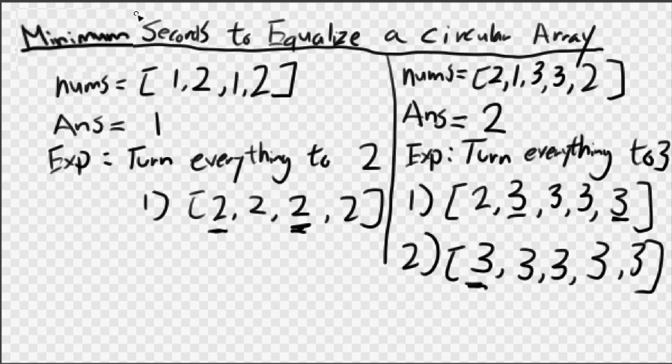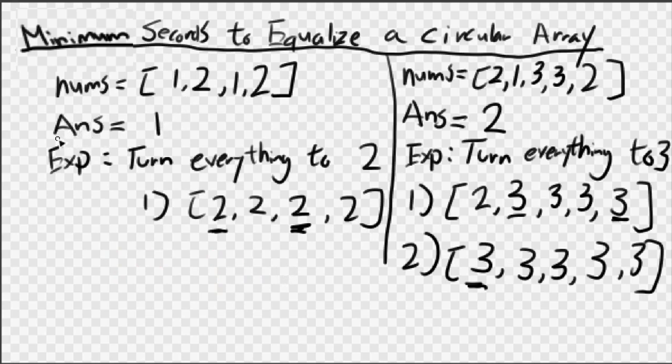Hey everyone, today let's try to solve another LeetCode problem called minimum seconds to equalize a circular array. Basically, in this problem, you are given an integer array like this, nums, and here you can apply an operation for each second to make I plus 1 and I minus 1 to be equal to I, basically.